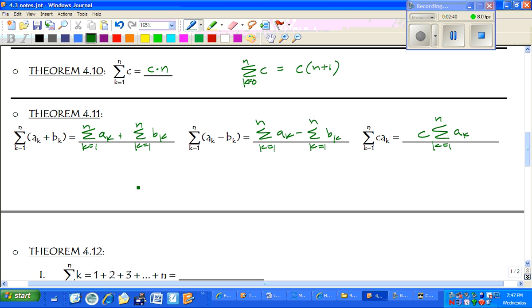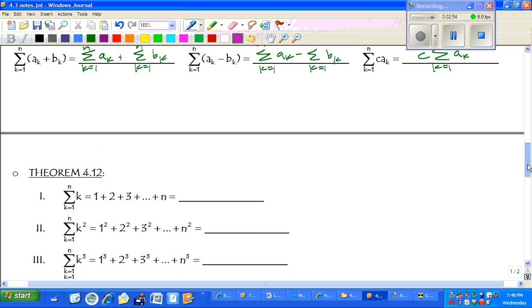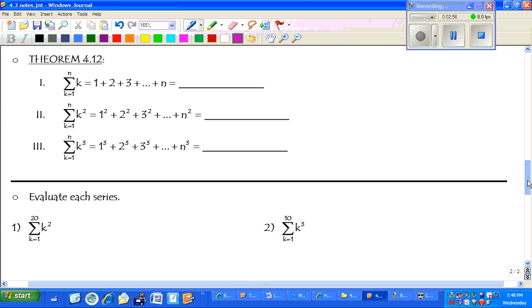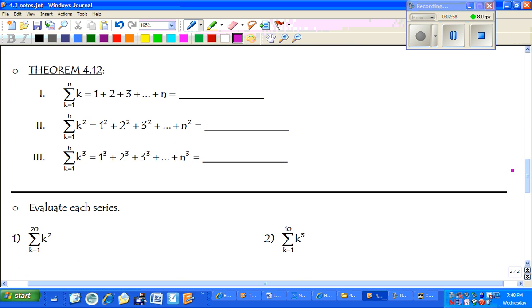Here we have a sigma notation, rather than an integral or a derivative or a limit. Those two theorems are relatively easy, simple things that we've kind of dealt with before, and this one's just pretty basic.